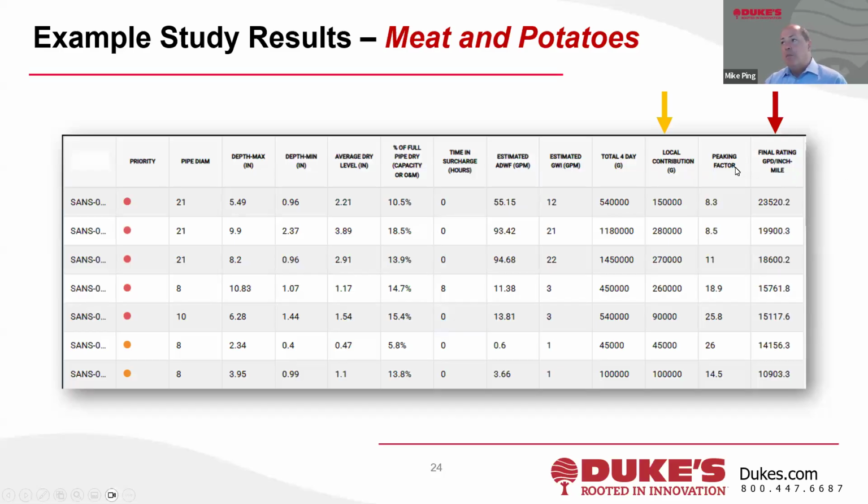From there, we provide the peaking factor calculation, which is the maximum instantaneous, like single measurement estimated flow rate, divided by the average dry weather flow rate. And then we put this, you've got to have some way to calculate this so we can stack these up from worst to best or whatever. And our final rating, we put it in gallons per day.